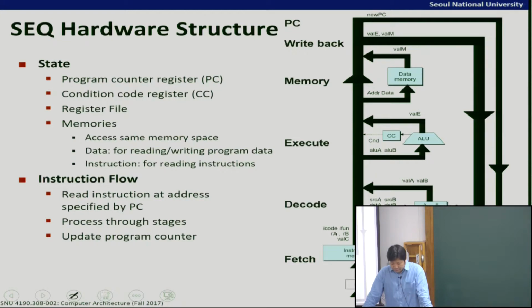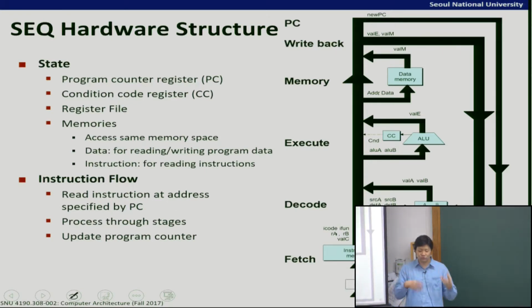Here is a very simple sequential hardware structure. We first have to define state, because after all, this is also a finite state machine, with a limited number of states. So what kind of states does it have? First, it has the program counter, PC, or IP. Instruction pointer, RIP, and program counter are used interchangeably.